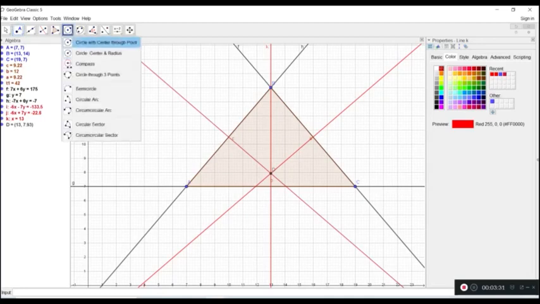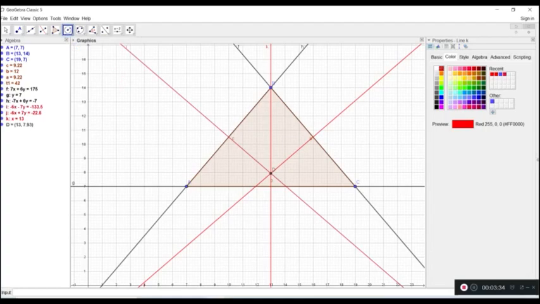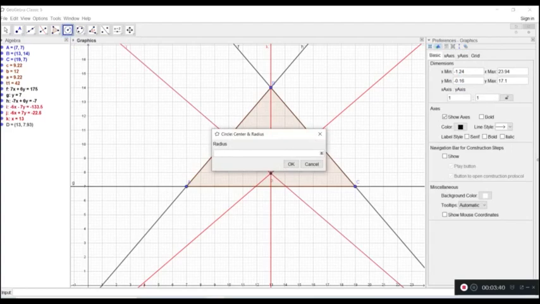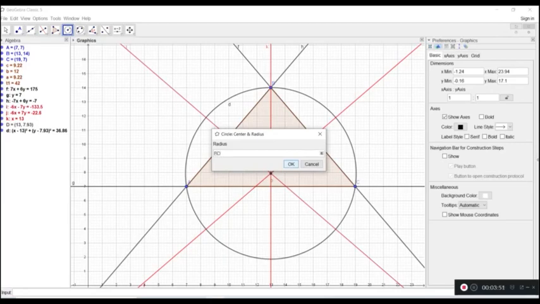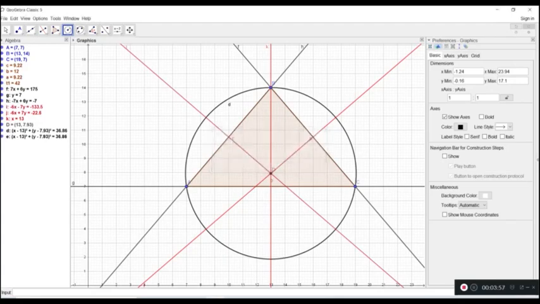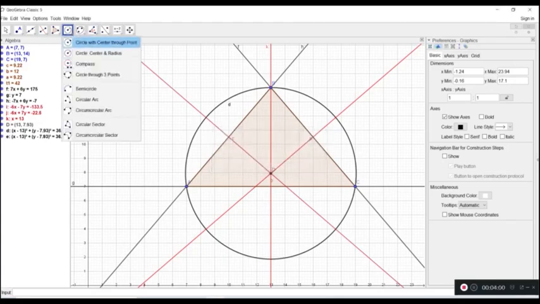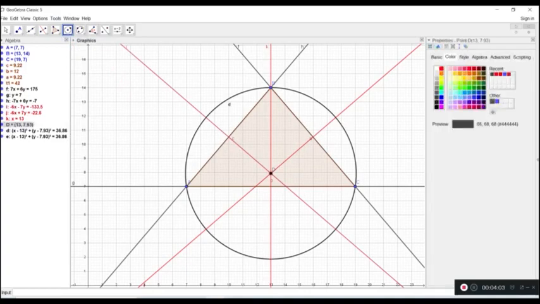So this is the circumcircle, taking D as center and BD, AD and CD as radius.